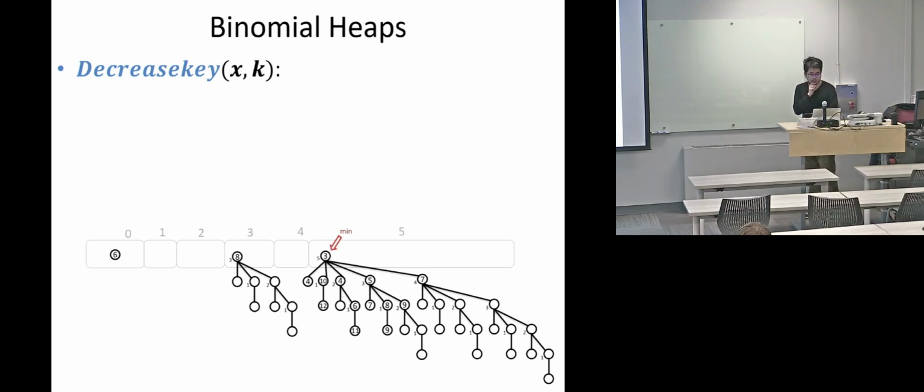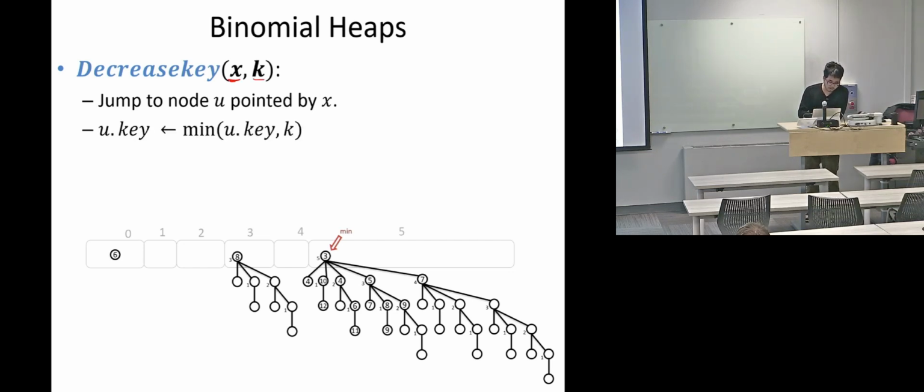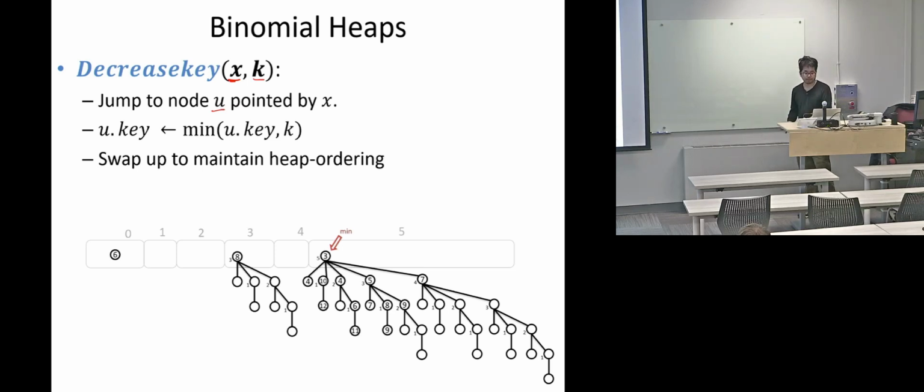Next is decrease key. Decrease key is simple. If I want to decrease the key of item X to K, then I just jump to the node U that the item X points to, and then decrease the key of U, and then swap up to maintain heap order. For example, if I want to decrease the key of X here, X points to this guy.